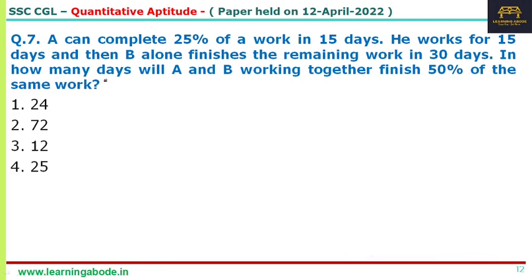Now question number 7, it's a time and work question. We have two people, A and B. A completes 25% of the work in 15 days. 1/4 of work in 15 days means he will do the full work in 60 days. He works for 15 days, and then B alone completes the remaining work in 30 days.